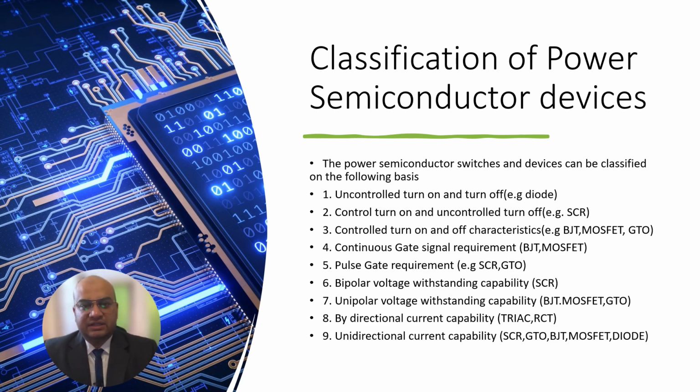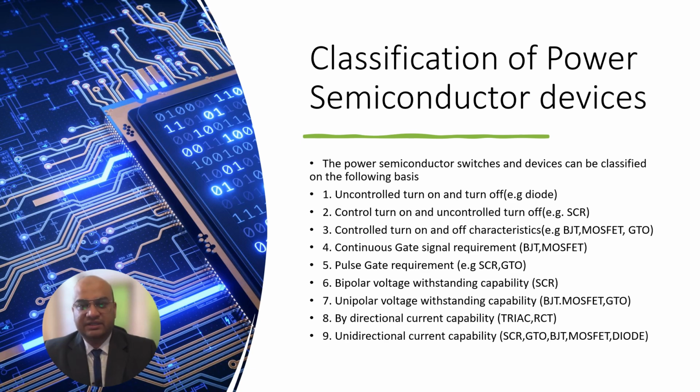Next is under the category of continuous gate signal requirement, and here the examples are BJT and MOSFET. You can see some of the devices which require pulse gate signals. The examples are SCR and GTOs. Then we can see bipolar voltage withstanding capacity devices.